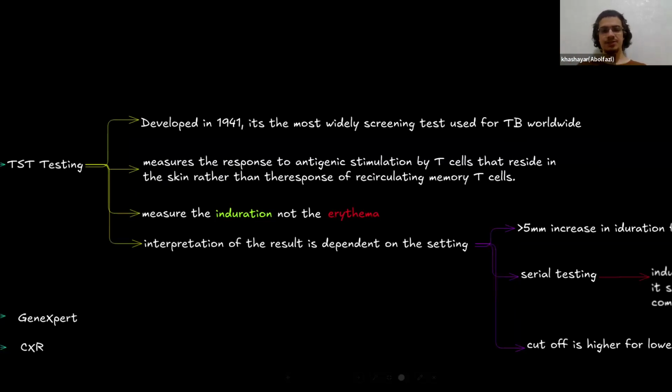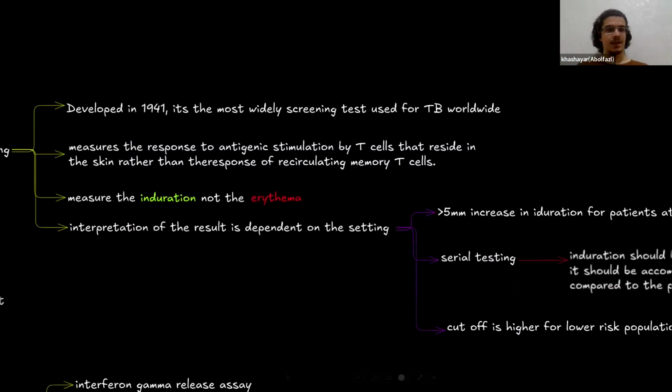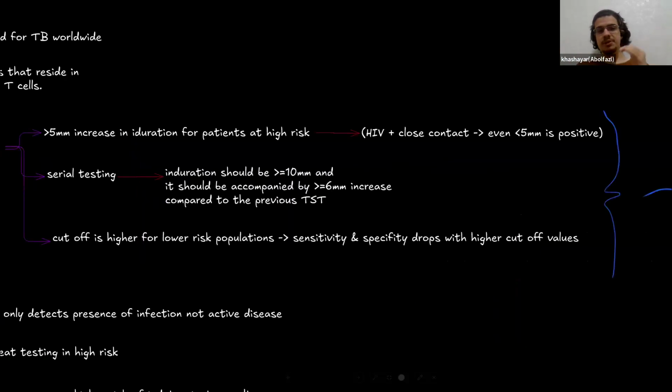This is a very common mistake in interpretation of the case. Let's see how we interpret this. A more than 5 millimeter increase in induration for a patient at high risk is counted as a positive test. I have to remind everyone that HIV patients and generally immunocompromised patients don't behave as expected for these tests. So in case of an HIV patient with a close contact, even a less than 5 millimeter increase counts as a positive test.